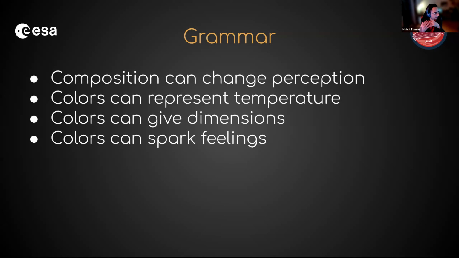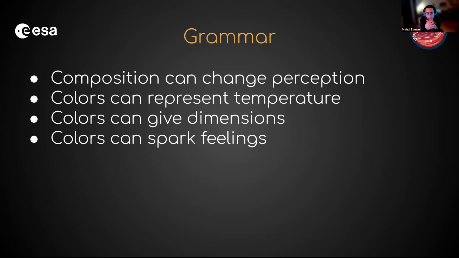If someone from an astronomy background would want to enter the field, I always advise them to take the first year courses in art schools, at least maybe some of them that are about composition and about colors and how they can represent different things.